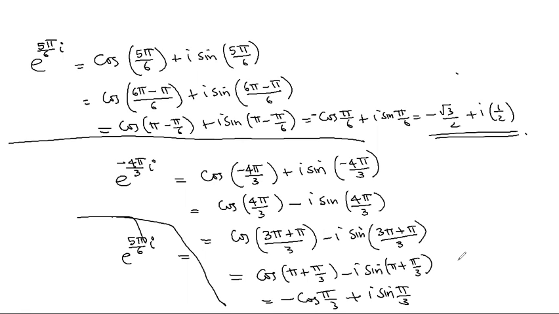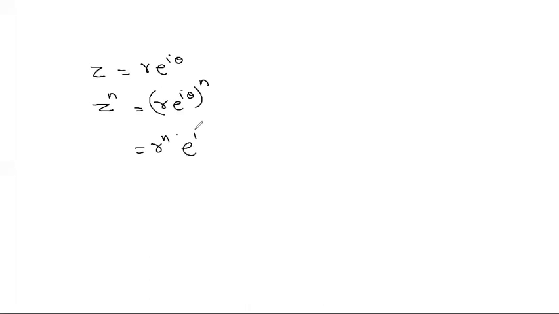There is something known as de Moivre's theorem, from thousands of years ago. When I take a complex number z equal to r e raised to i theta, what will be z power n? Naturally, r e raised to i theta to the power n. That became r to the power n and e raised to i n theta.